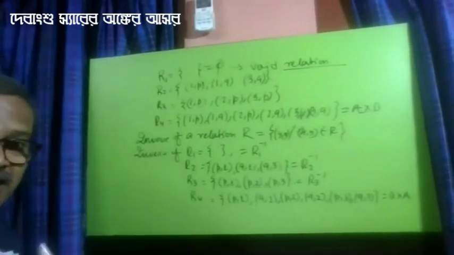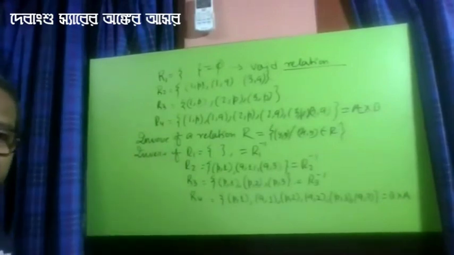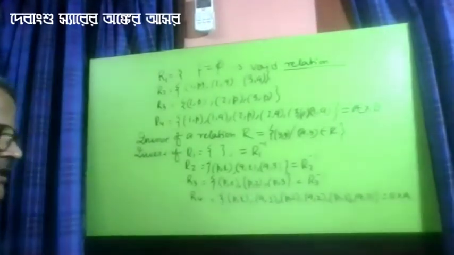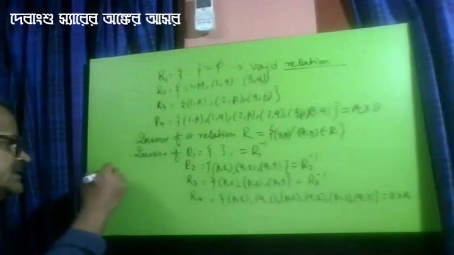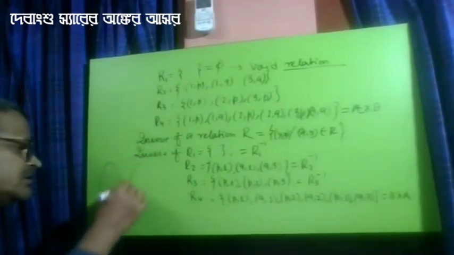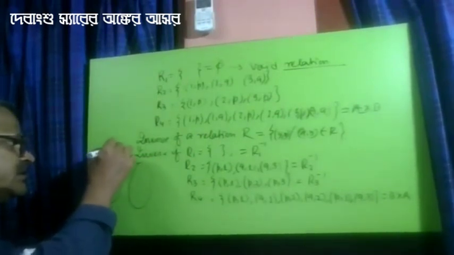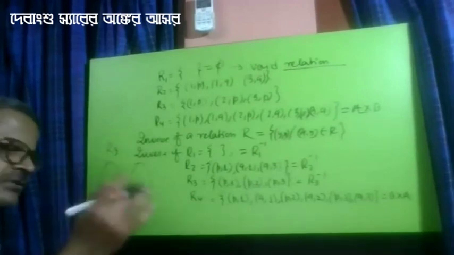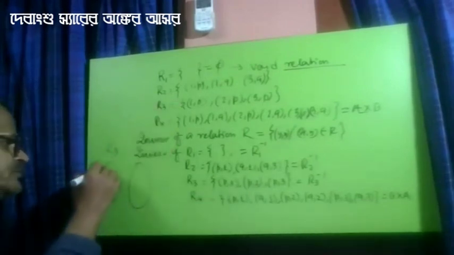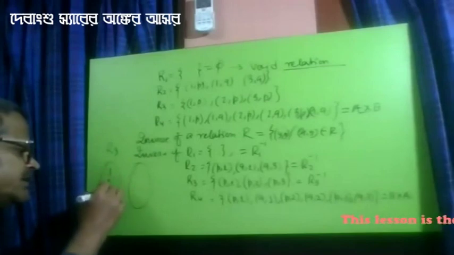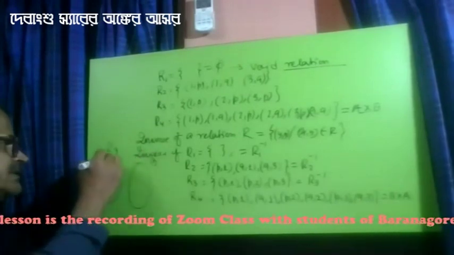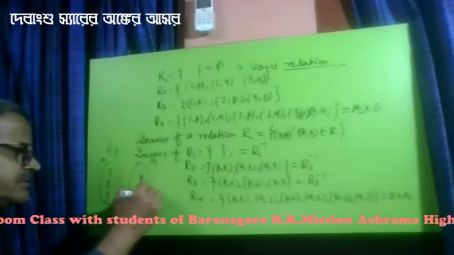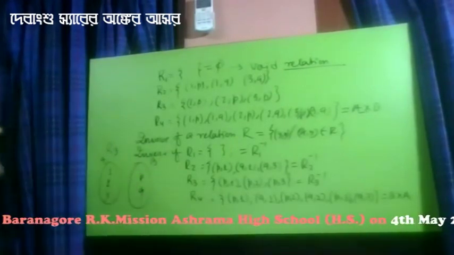Now comes the last thing for today, the arrow diagram. That is very tough. I have to draw any one of these. Which one I will draw? Fine. R3. And the rest you can do. R3 from A to B. A has elements 1, 2, and 3. Write it like this. B has elements P and Q. Write it like this. Now see R3.